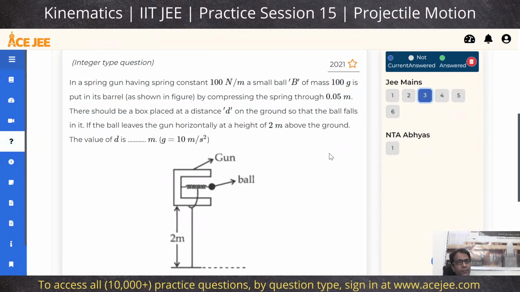In simpler terms, delta U, the change in potential energy, will be equal to the work done, which equals the change in the kinetic energy. Delta U plus delta K equals 0. So half mv square equals half kx square, which will give us the initial velocity of the ball. Any questions?